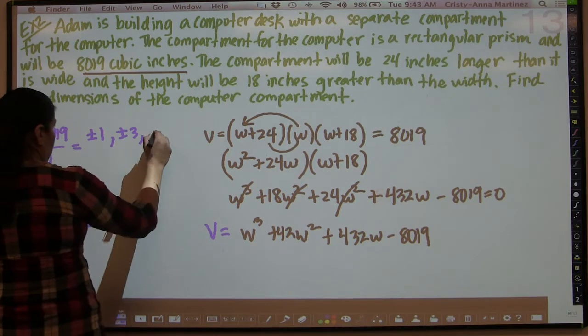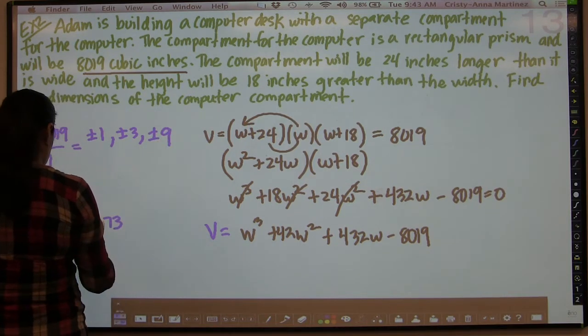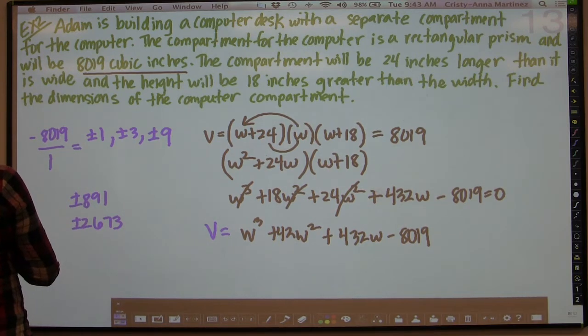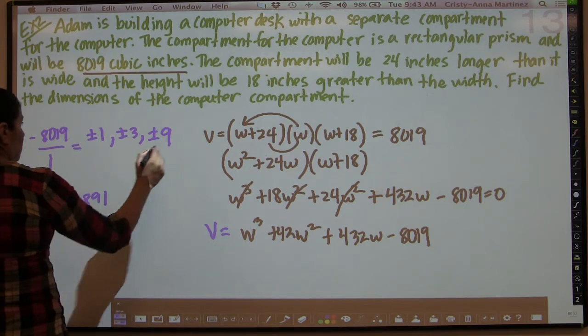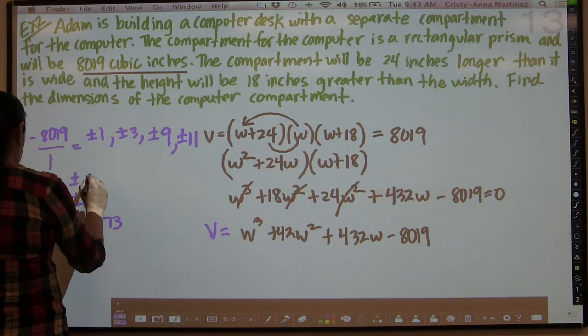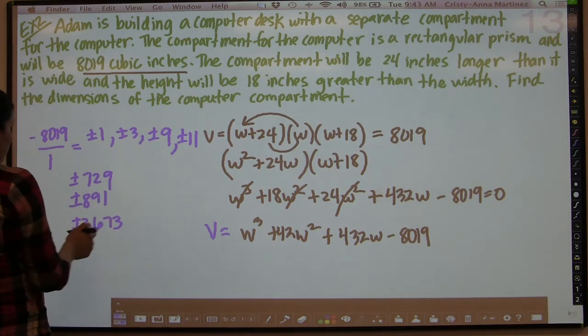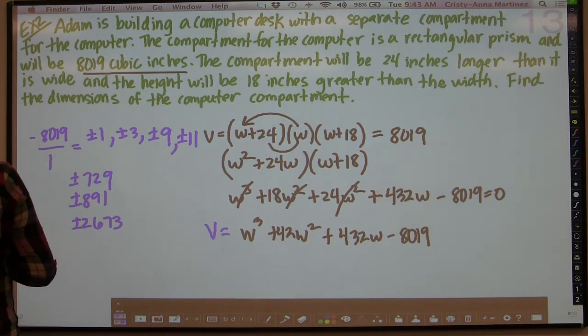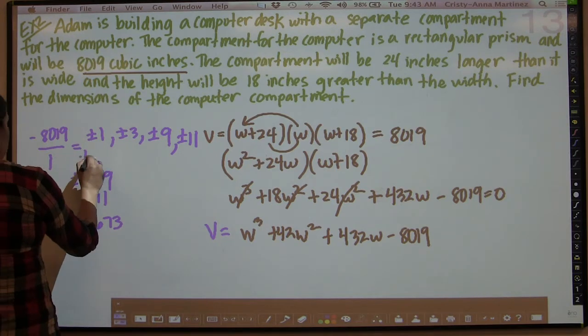Okay, so we're going to do a 9 and 891. And then 8019 divided by 11. So 11 is also a factor, and then 729. I'm trying to leave space here so I can fill in my gaps.